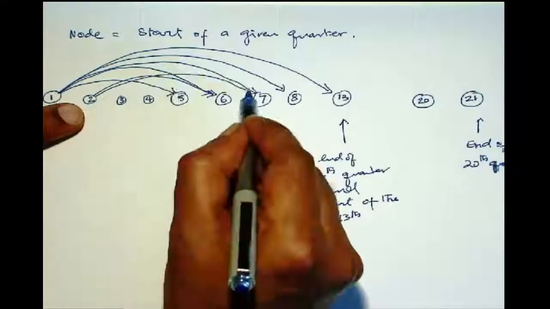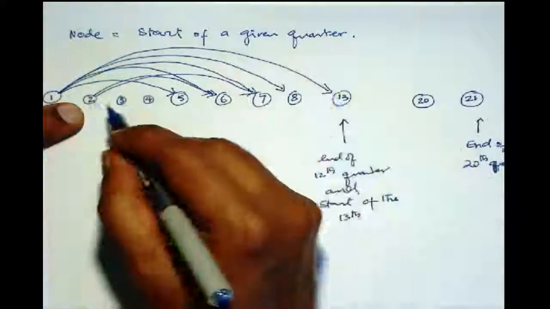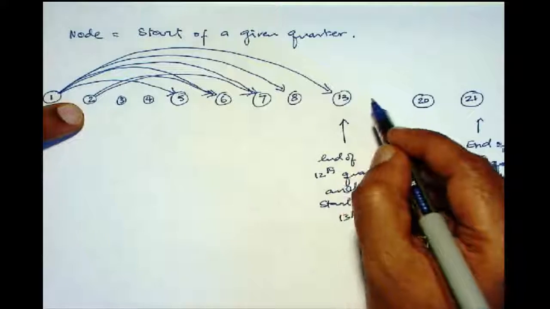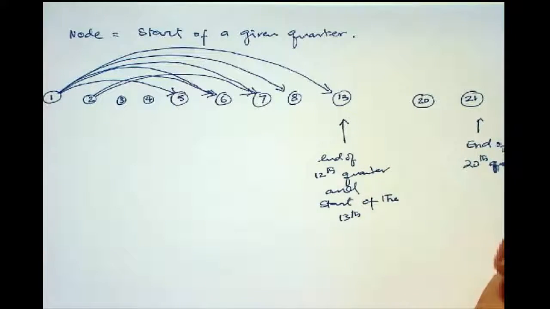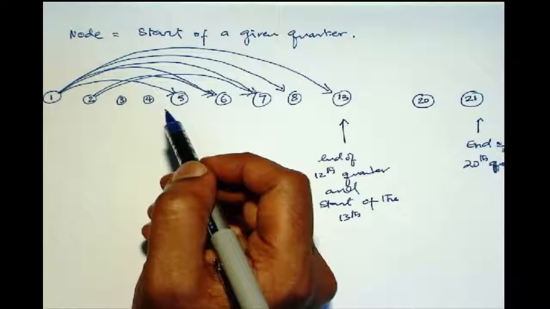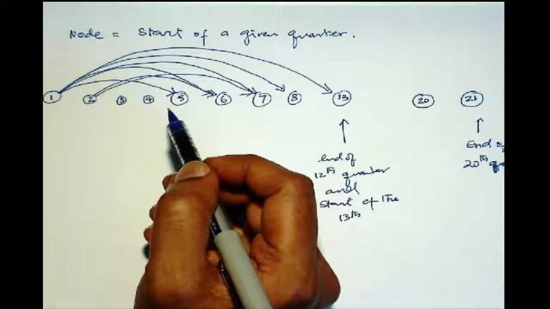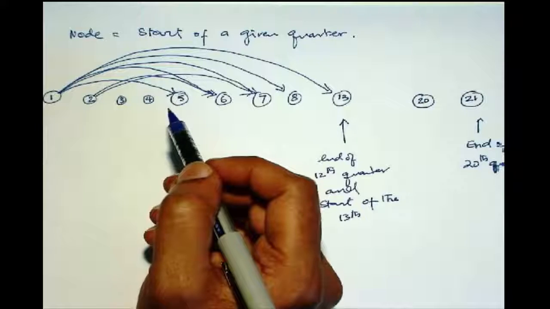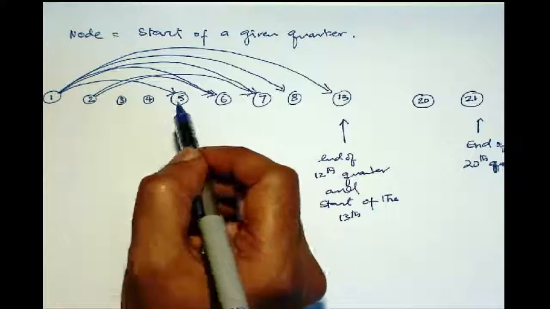Now each arc will have to be costed. So you have to find the cost of buying the machine, maintaining the machine, and then subtract the salvage value when you sell it in that node. Then you'll have cost for each of the arcs.